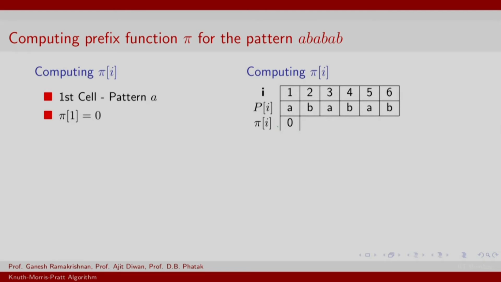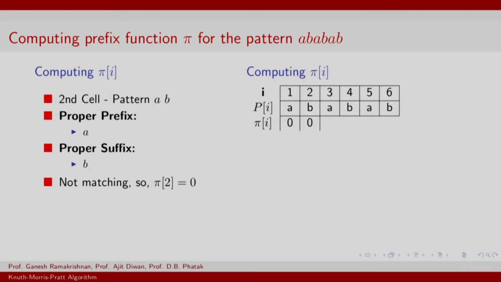So pi of 1 is 0. What about pi of 2? We have listed proper prefixes of P2 and proper suffixes as well, that is B. We find that there is no prefix of P2 that is a proper suffix of P2. So pi of 2 is therefore 0.